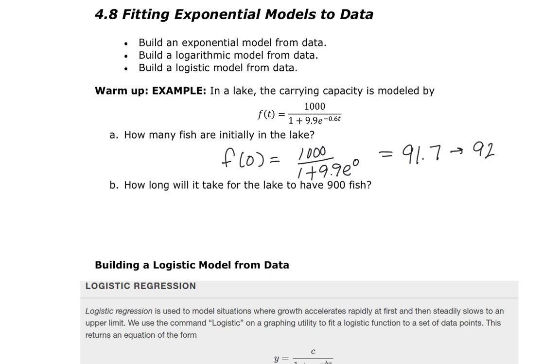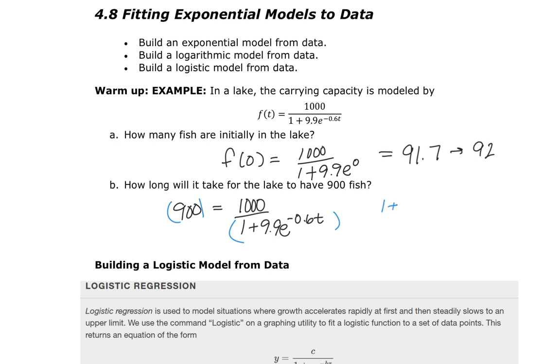How long will it take to get to 900 fish? Well, we do 900 is equal to 1000 over 1 plus 9.9 e to the negative 0.6 t. We're solving for t. So I'm going to multiply both sides by this, and then I'm going to divide both sides by this 900.